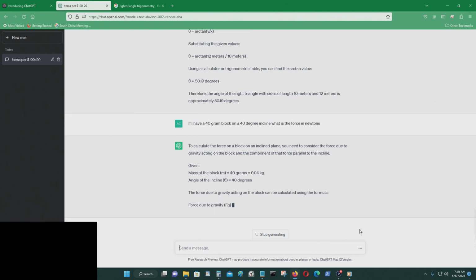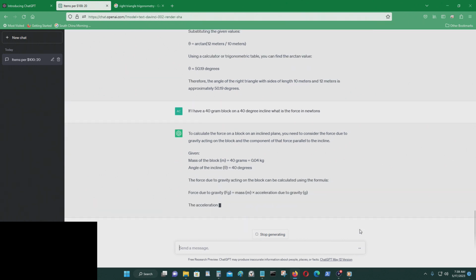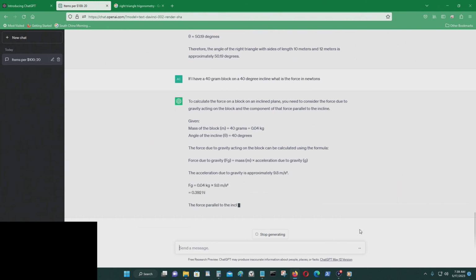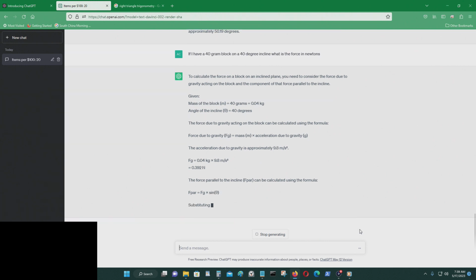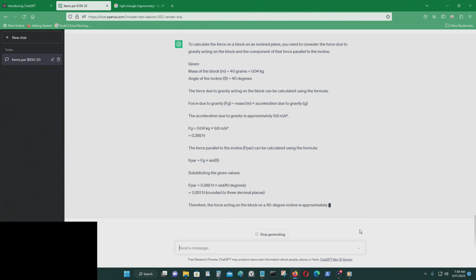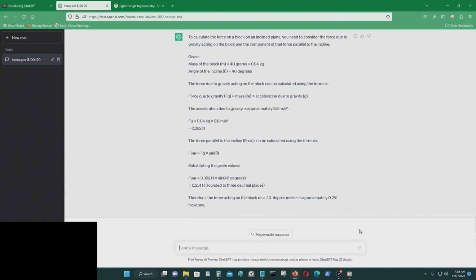So it has to use a trigonometric function to do this, because it's at an angle of 40 degrees. Yep, that's right, it's sine. Okay, did that correctly. Wow, this thing is amazing. You could really do a lot.